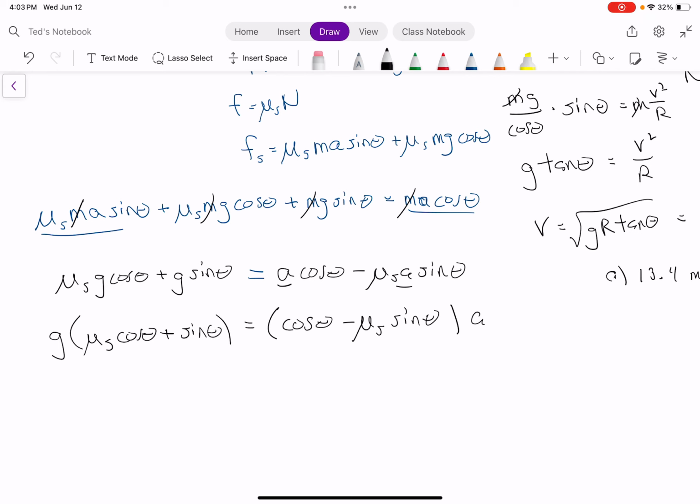So finally I can solve this for A. A is equal to g times mu s cos theta plus sine theta divided by cos theta minus mu s sine theta.